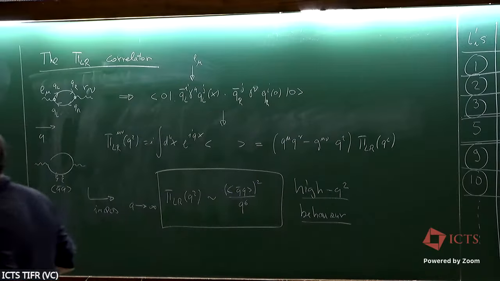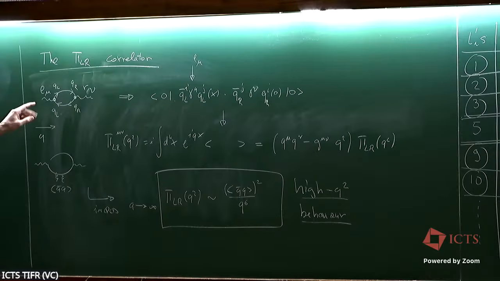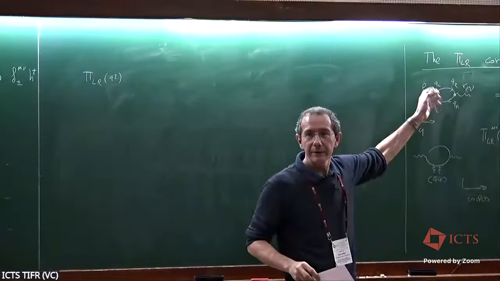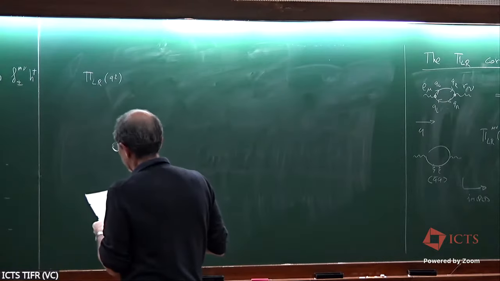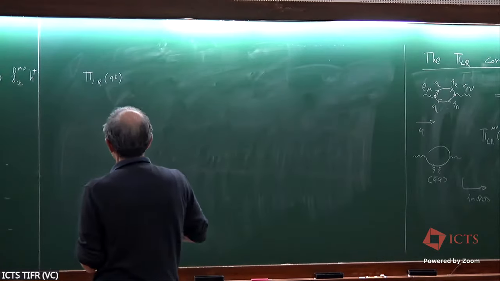Now let's look at the low Q squared. Of course, I can compute that using my nice chiral Lagrangian. From my chiral Lagrangian, I can compute this object. Again, I take my functional, I have L, I differentiate. Well, you can do it even diagrammatically.